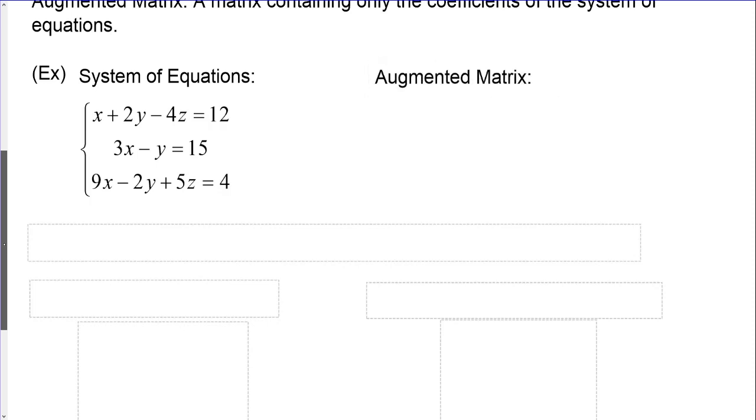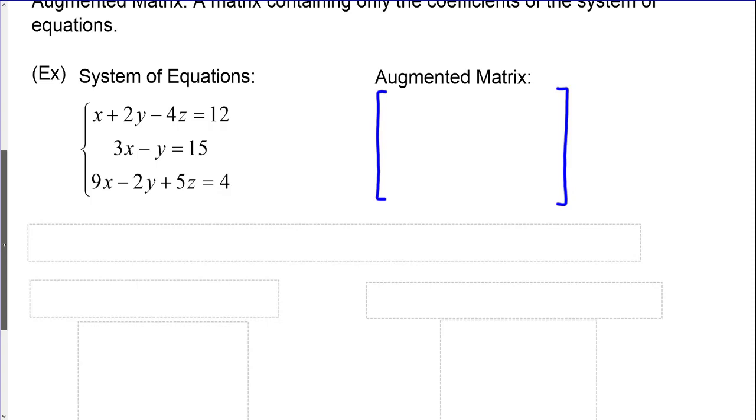The augmented matrix is a matrix of the system of equations coefficients. So the first column in this matrix makes up everything multiplied by x, so all the coefficients of x. The second column is all the coefficients of y. The third is all the coefficients of z. And the last is the constants.